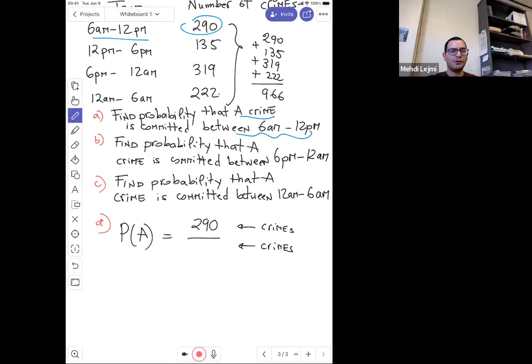That's the size of the sample, the total number of crimes.